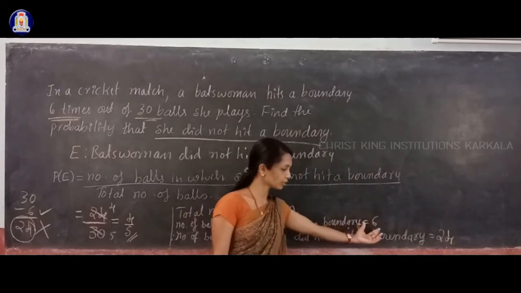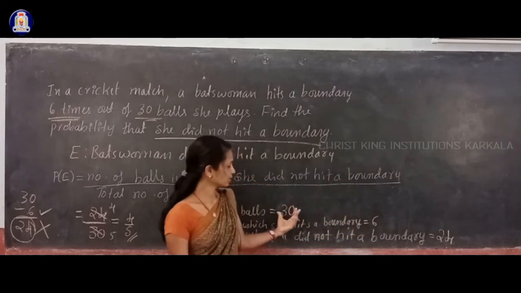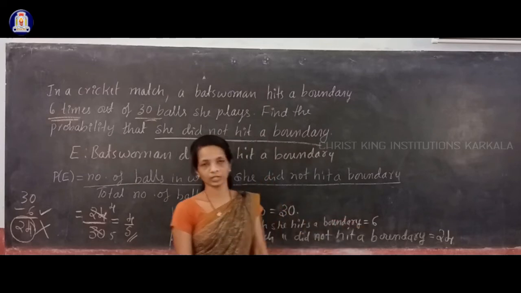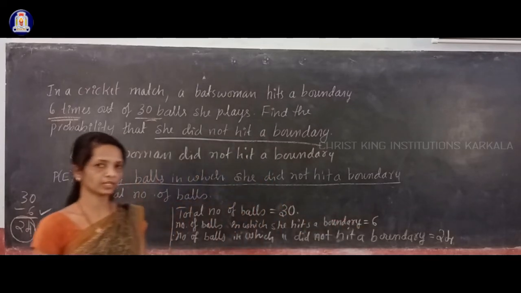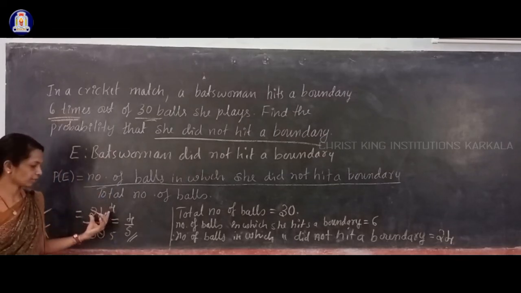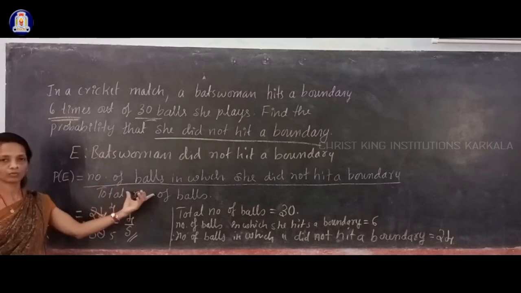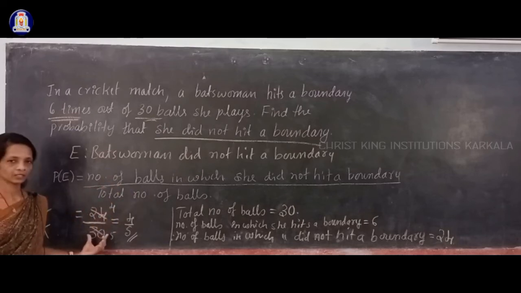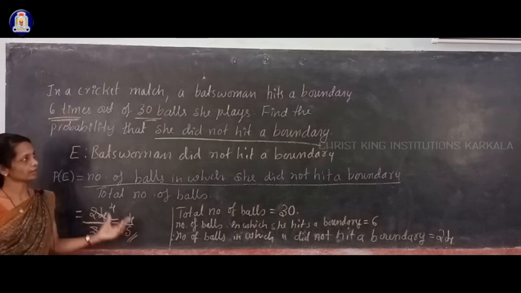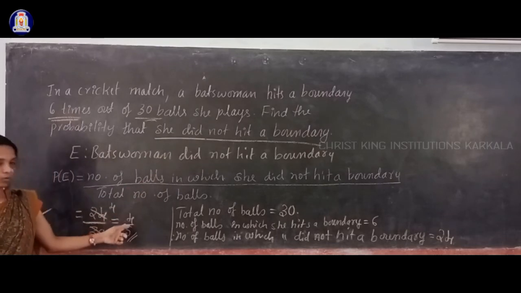Only in 6 balls she is hitting a boundary; in the remaining, 30 minus 6, that is 24, she is not hitting a boundary. So the number of balls in which she did not hit a boundary, 24, is in the numerator, divided by the total number of balls she faced, that is 30, and simplification gives you 4 by 5. So the probability that she did not hit a boundary is 4 by 5.